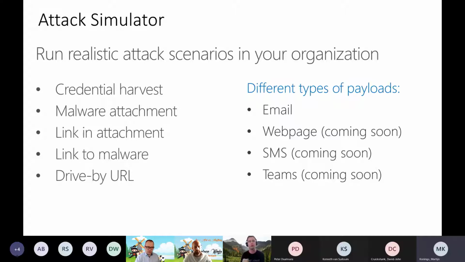What is really cool is that our attack simulation product is being extended greatly in the future. Soon you can also send attacks via SMS, in Teams, and even directly in the operating system, which is not even on the slide. So for the future, it's looking bright.